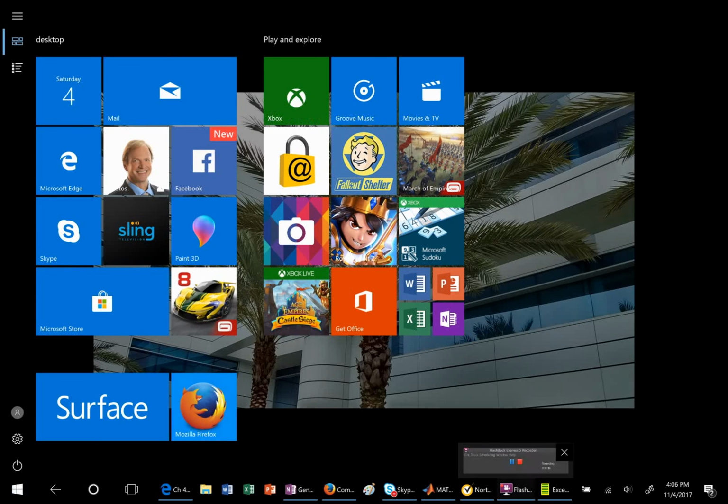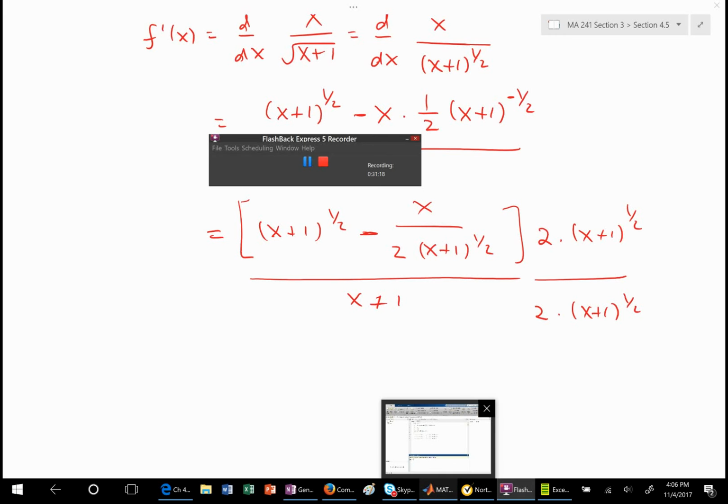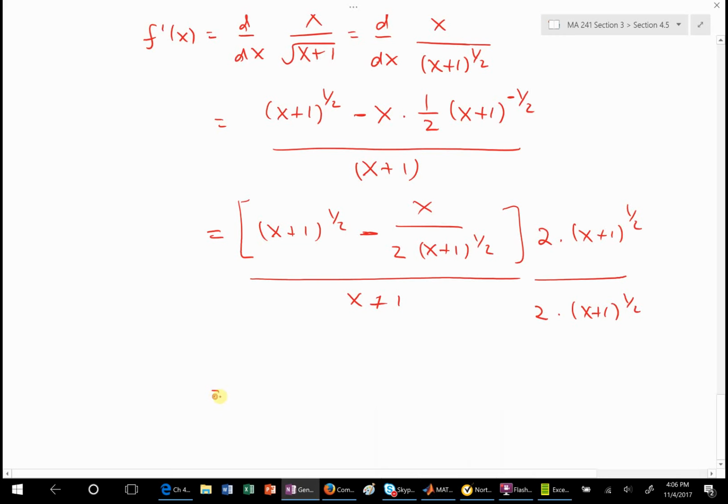Oops, what did I do? Here we go. Okay, and I'm going to get 2. And when I multiply these two, I'm multiplying really the square root of x plus 1 times the square root of x plus 1, right? So I'm just going to get x plus 1, and then I'm just going to get x here.